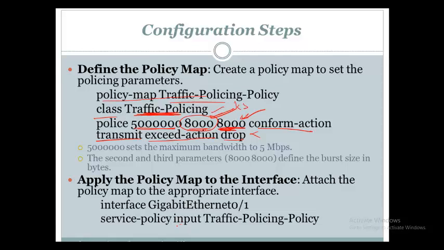You have to take a strict action. Make sure the customer is sending only 5.8 meg. 5 meg is committed, 8 kilobit is bonus. So 5.8. All the rest will be dropped.